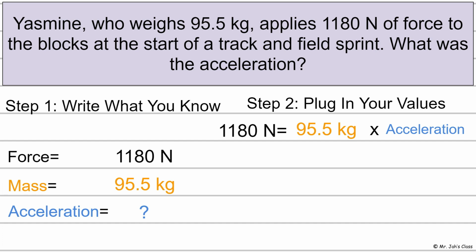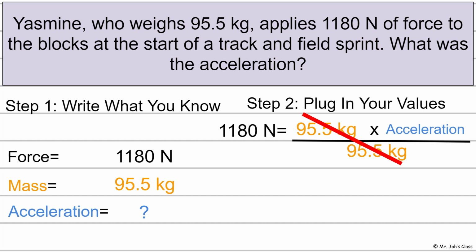We have to get it by itself, and we have to think about what is happening to acceleration. Right now, it is being multiplied by the mass. So in order for us to get it by itself, we have to do the opposite operation. So that is going to be division, and that cancels it out.